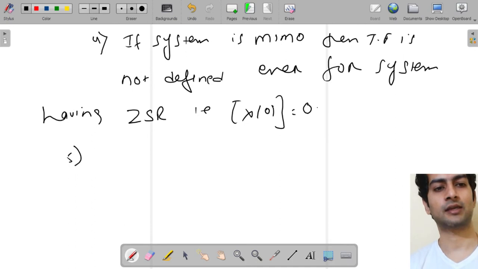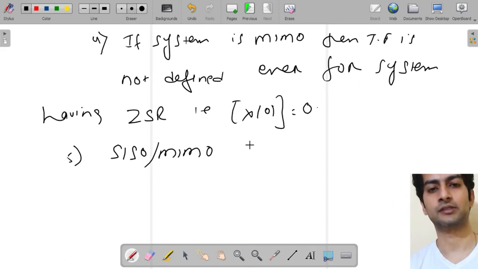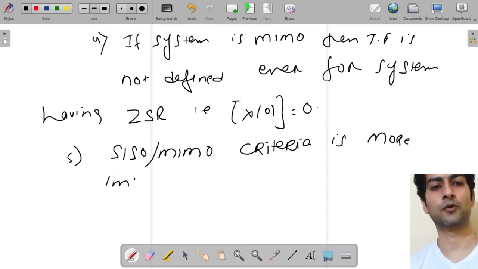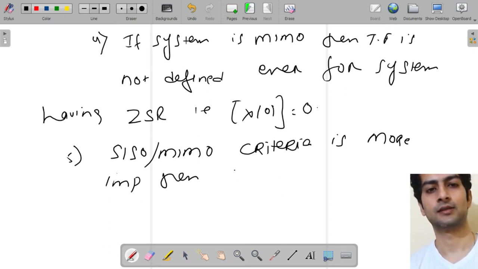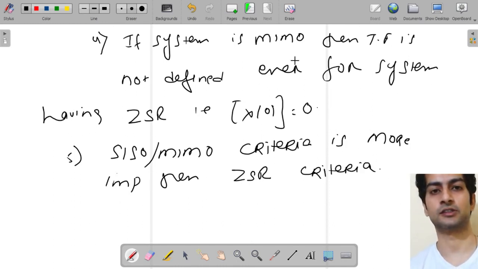So I can say that the SISO/MIMO criterion is more important than the zero state response criterion. Very important discussion. Very important conclusions.